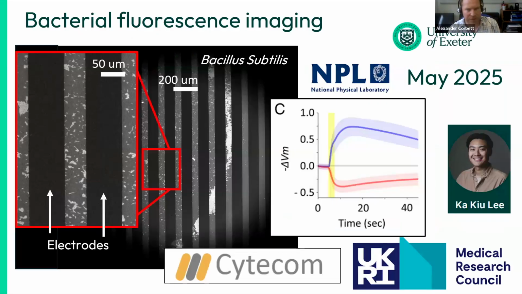We're also pushing this to see what the limits of sensitivity are. I know we've had a question similar to that before. What's the smallest feature we can see? What's the smallest amount of fluorescence that we can detect? One of the projects that's really helped us push the envelope on this was one we had last year with a company called Cytocom, who were looking to measure cell health in bacteria using an assay whereby they have these electrodes that sit very close to these bacterial colonies.